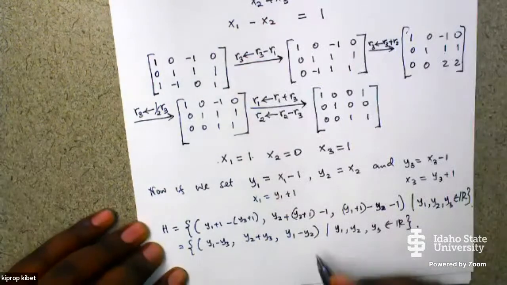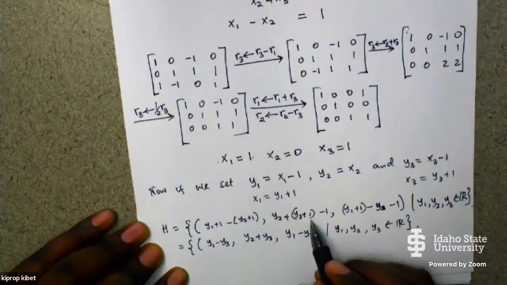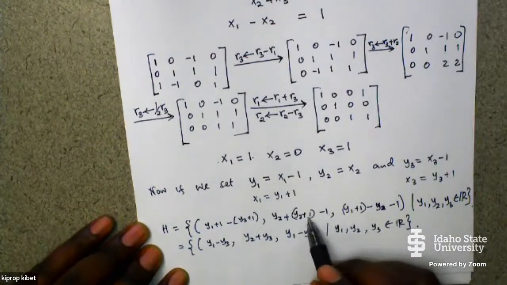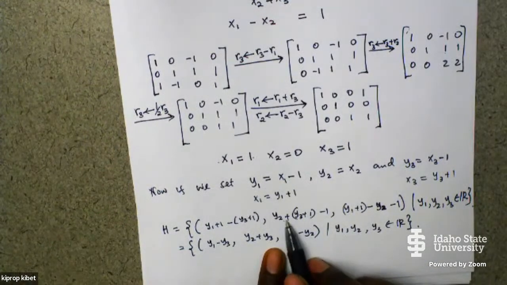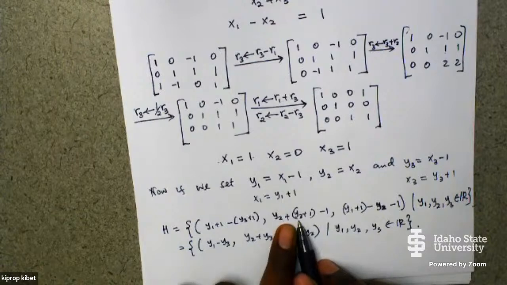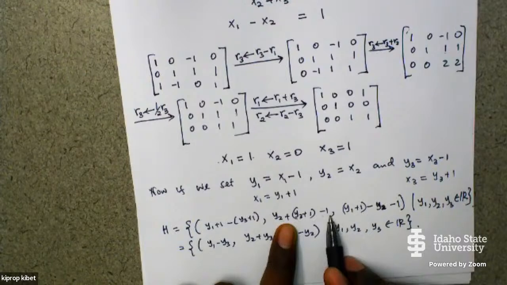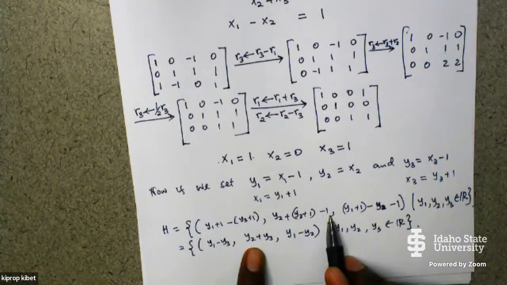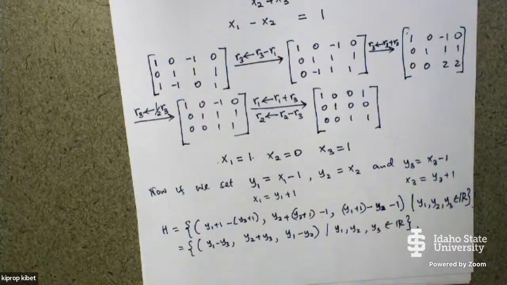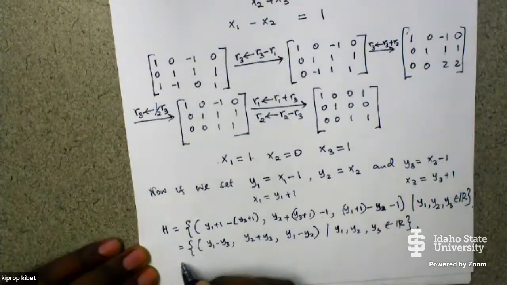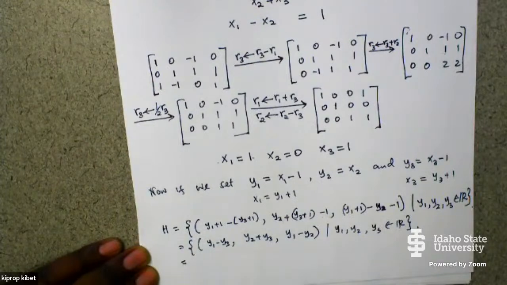Yes, there is a minus here. So the next one is y2 plus y3, 1 minus 1. You see? Yep, 1 minus 1 there. So then, in this case, what we get is now equal to.